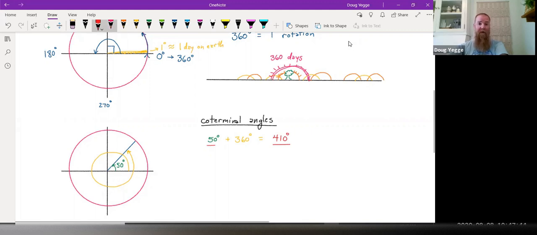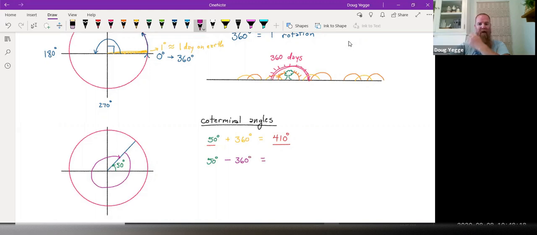Likewise, we could do the same thing. What if we were to go 50 degrees? Maybe we get rid of this one. And what if we were to start at 50 degrees and now go down and around this way until we reach right back to here again? Notice that that's one full rotation off. So that means we could start with 50 degrees, and we could also subtract 360.